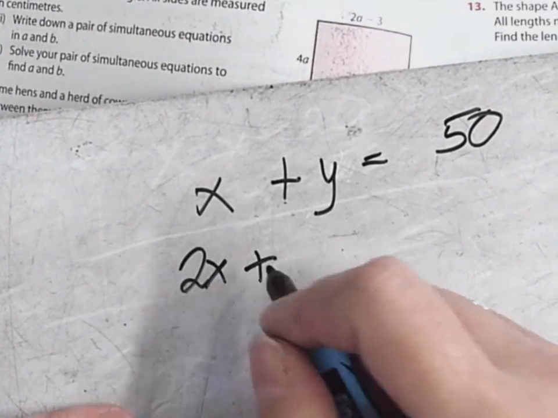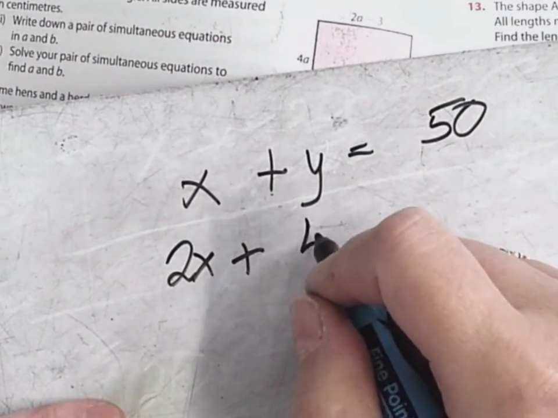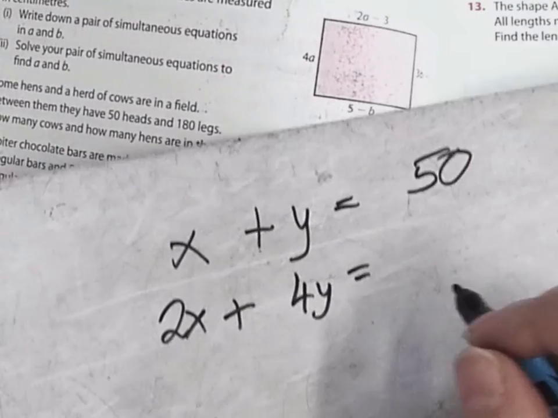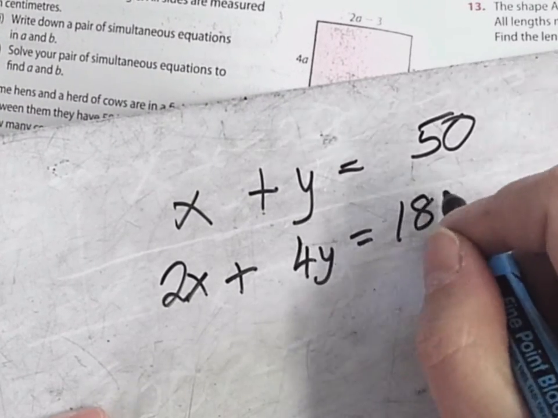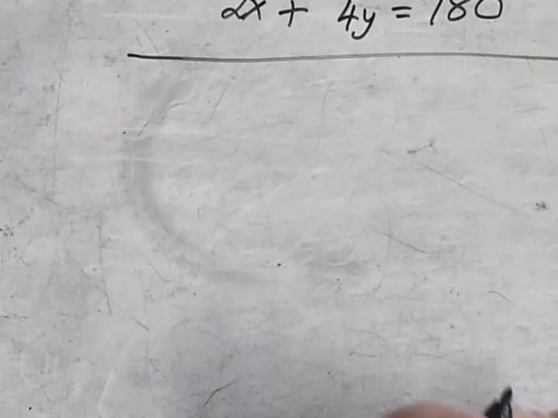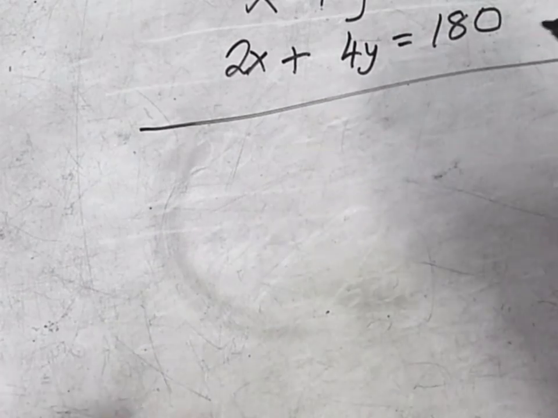We have y cows, so how many legs does that make? 4y. So when you add up their legs, you get 180. That's a really weird question. You'd have to know that hens only have 2 legs. We're townies, what's that about?